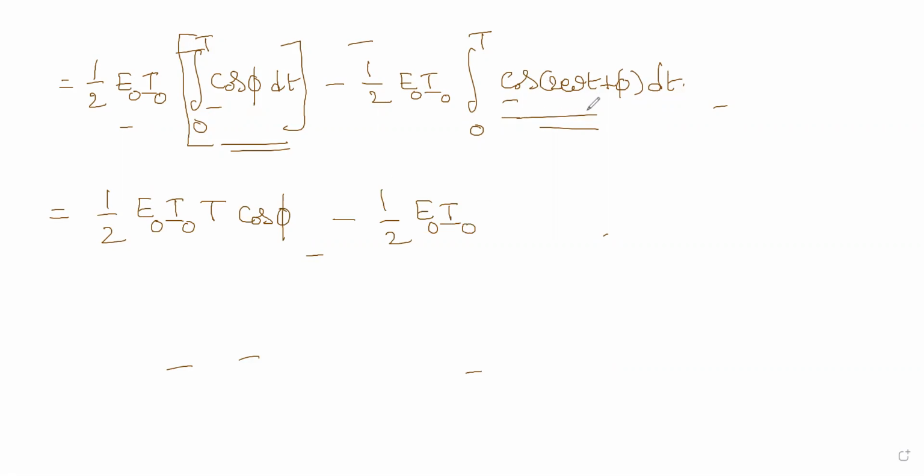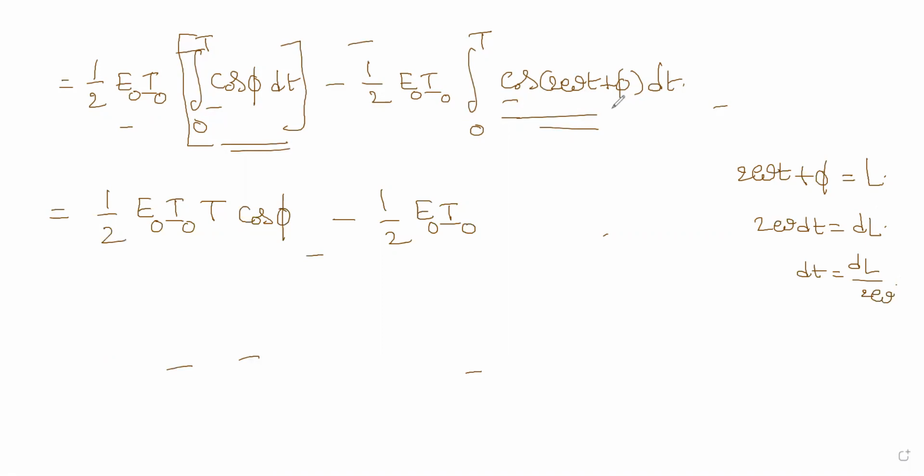This one we can do by substitution. Let 2 omega t plus phi be L. So 2 omega dt becomes dl, so dt becomes dl by 2 omega.